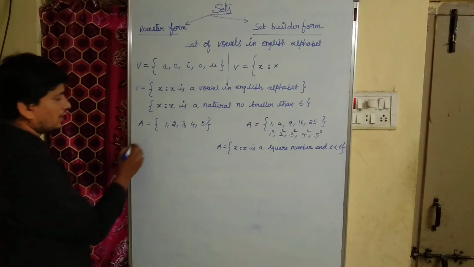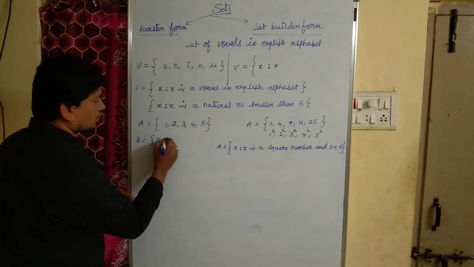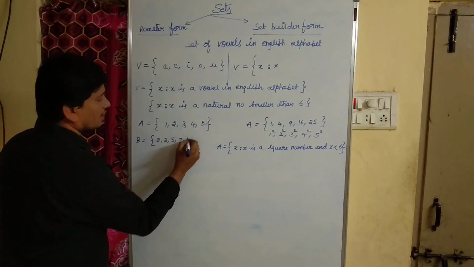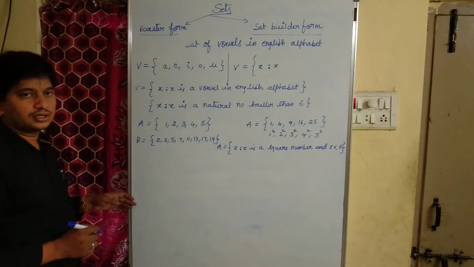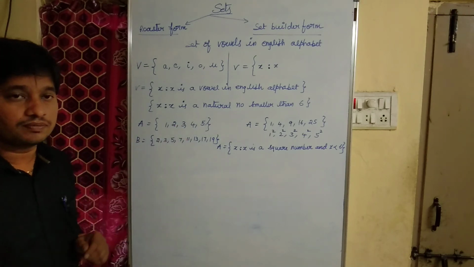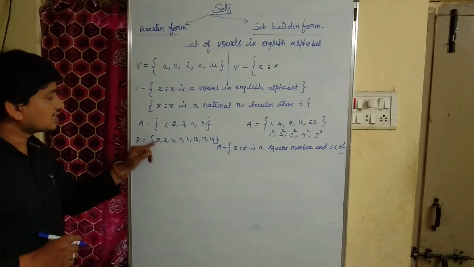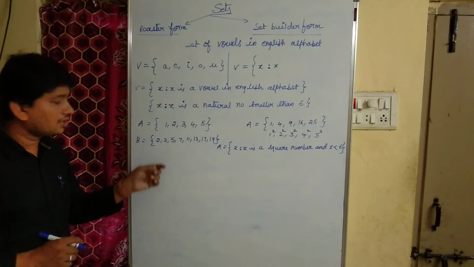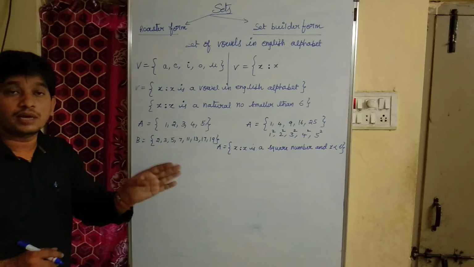For example, let me write the set B equal to 2, 3, 5, 7, 11, 13, 17, 19. This is the set B. How to write set B in set builder form? If you observe the elements of set B, what is their property? 2, 3, 5, 7, 11, 13, 17, 19, they are primes.